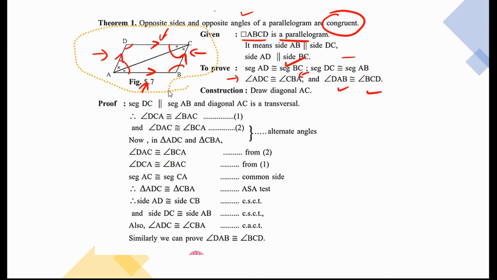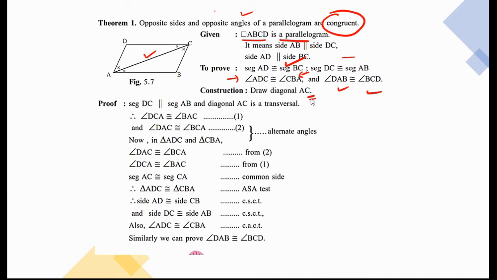So to make it clean, I am removing it. So you will look at the diagram again. To prove that, we are drawing a diagonal first. This one, diagonal AC is drawn.